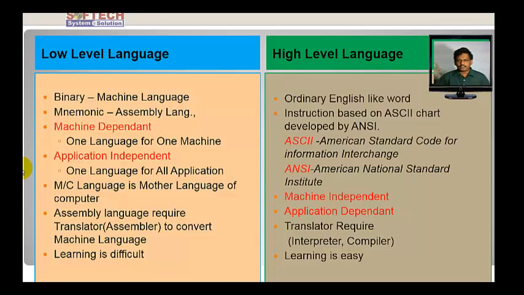In a similar way, computer languages also have symbols. Low-level language consists of two types: one is machine language and another one is assembly language.